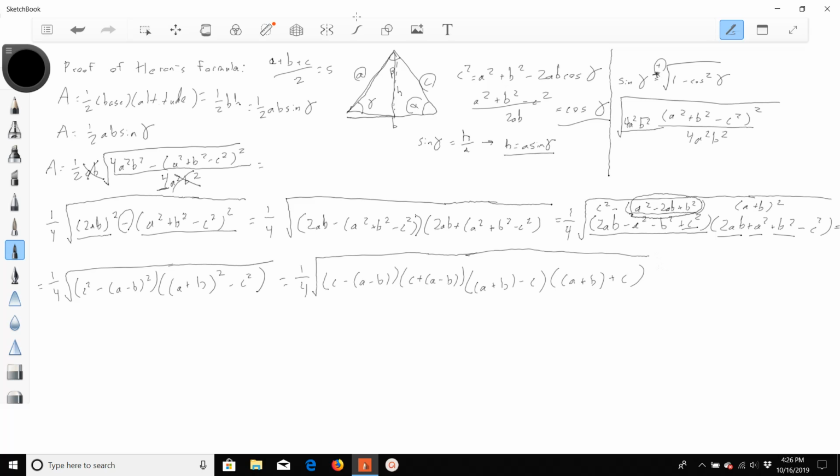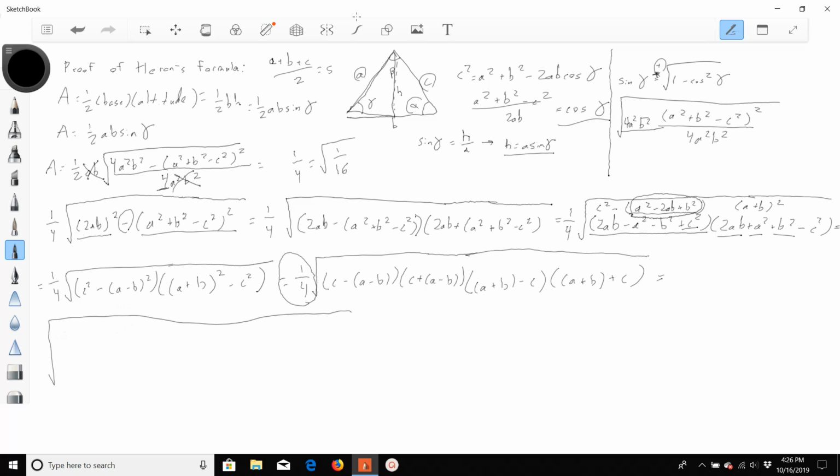Now, I'm going to put this 1/4 under the radical. In other words, I know 1/4 is the square root of a 16th. So I'm going to need a new line soon. I'm going to get an even bigger square root.